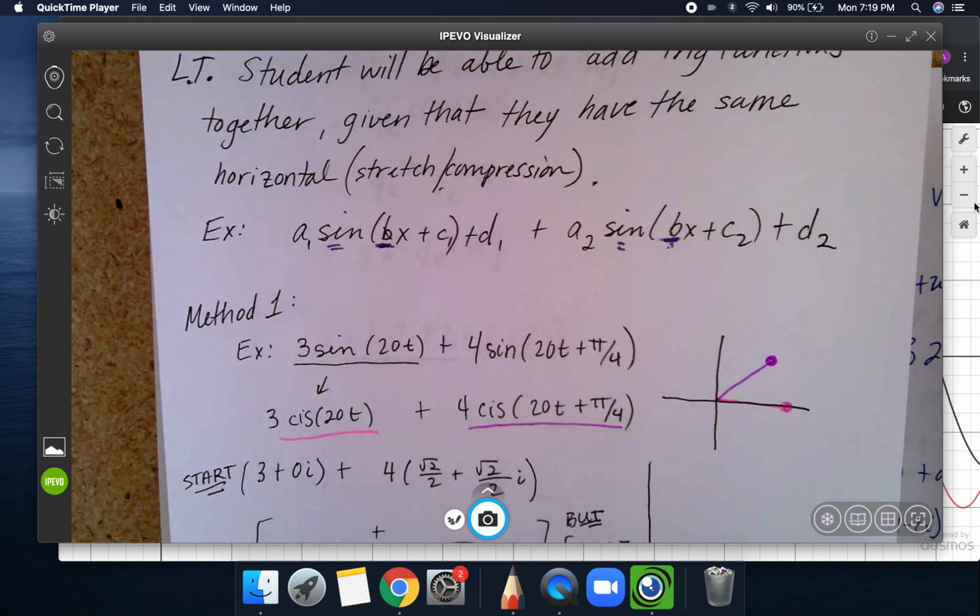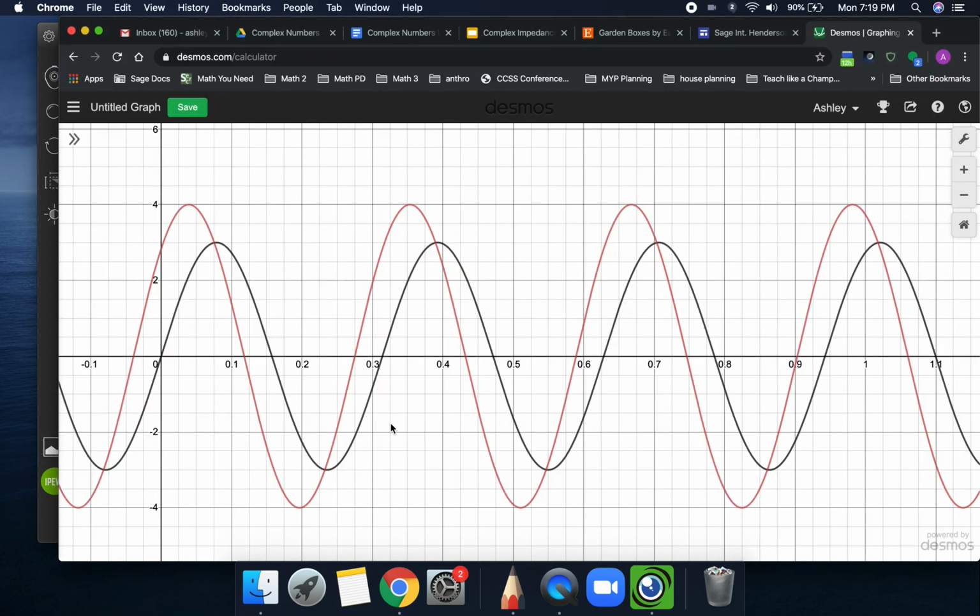So we have this function right here, 3 sine 20t, and then we have another function right here, 4 sine (20t plus pi over 4). And we want to add them together, okay? So here we've got the 3 sine t and the 4 sine t. And we want to know if at some x, for instance, x equals 0 in each situation, and I add these two functions together, what is the new function?